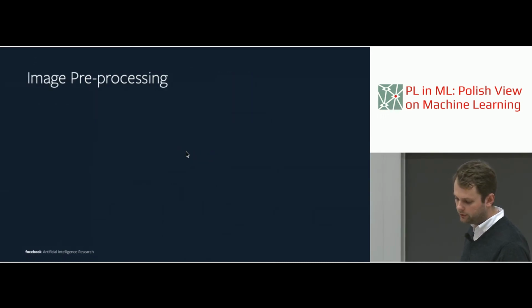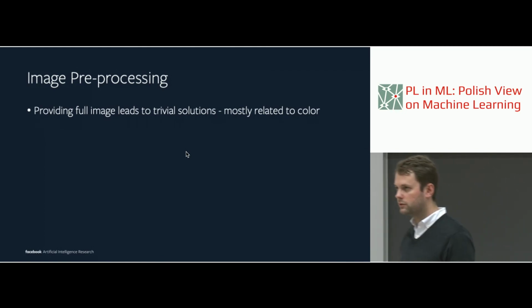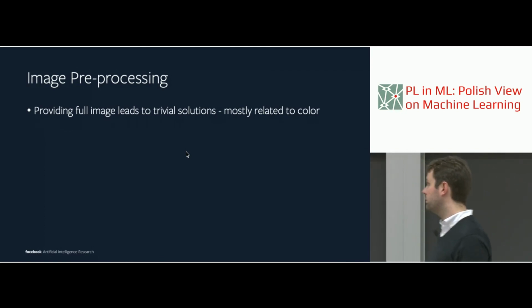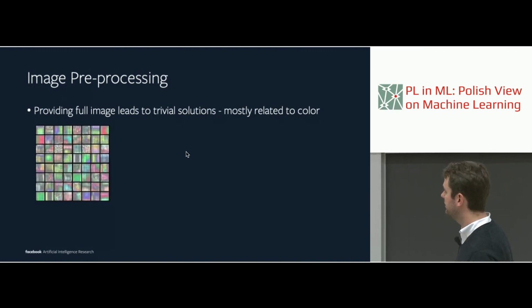There was one trick, however, with this method: when we provided full images, we ended up with trivial solutions. The network was just learning to push images that have the same color in the same part of the space. These were the filters that we obtained at the beginning.